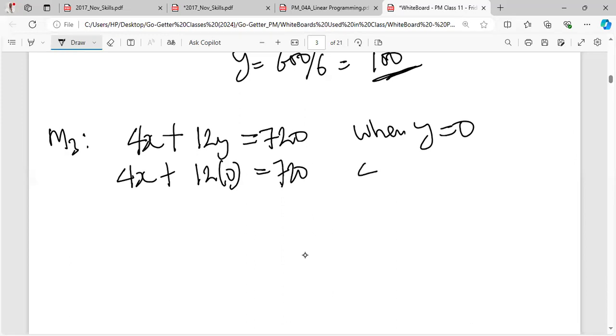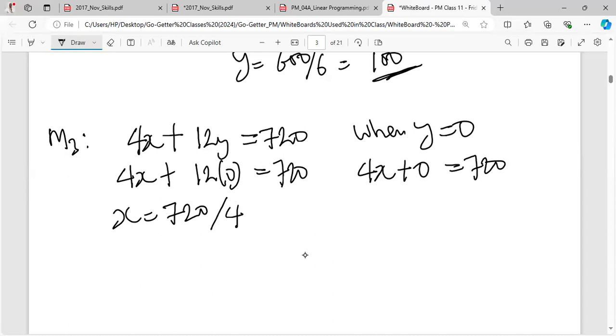So this will be 4x plus 0, which is 720. So 4x is 720. x will be 720 divided by 4, and that will give me what? 720 divided by 4.